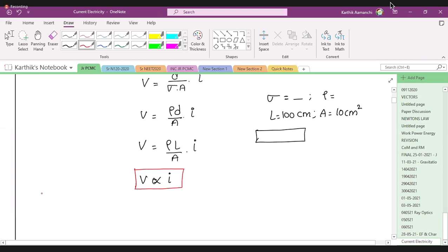Ohm's law states that at a given temperature for a given material, your current flowing through the material is directly proportional to your applied voltage. If you draw a graph between voltage and current, it will be a straight line, isn't it?